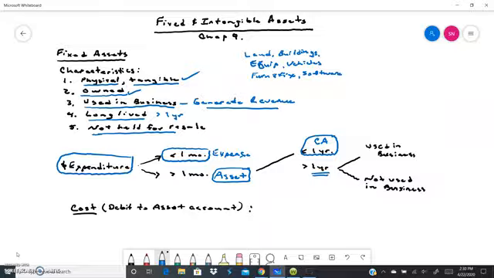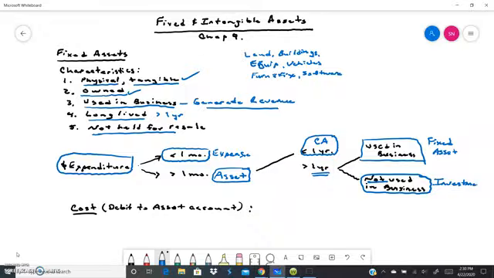If it is used in the course of business, as we mentioned earlier, that is a fixed asset, and it's classified on the balance sheet as a fixed asset. If it is not used in the business right now, let's say it's land that we're holding for future use, or it's an investment in another company, we're going to classify that as a long-term investment on our balance sheet. So that is in a different category of assets apart from fixed assets.